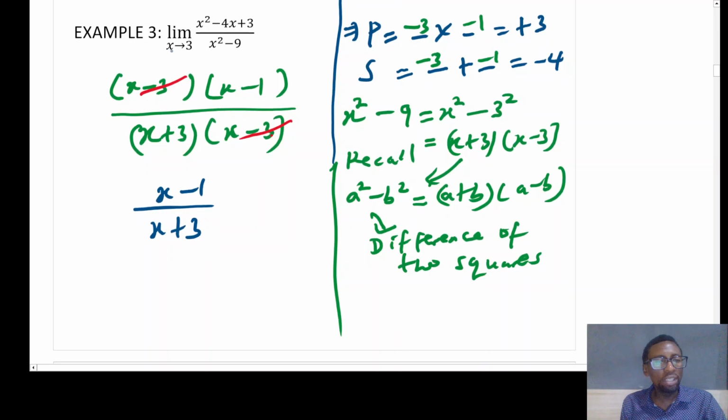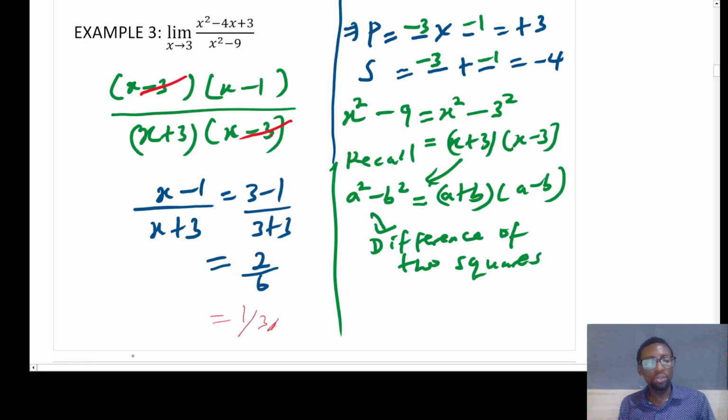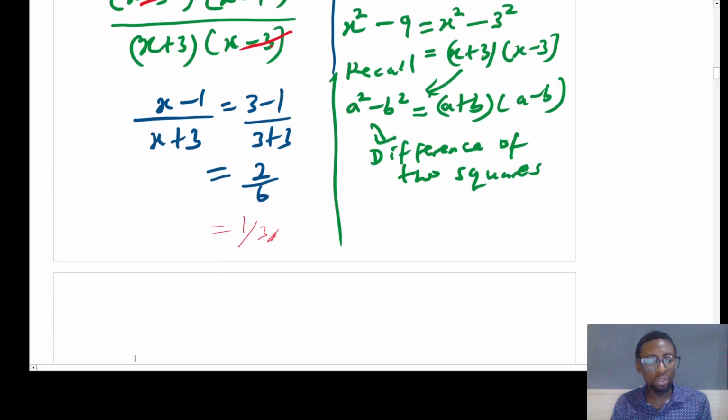The limit is as x tends to 3, so that will give me 3 minus 1 over 3 plus 3, which gives 2 over 6, and in the lowest term that gives me 1 over 3. So that's my answer.